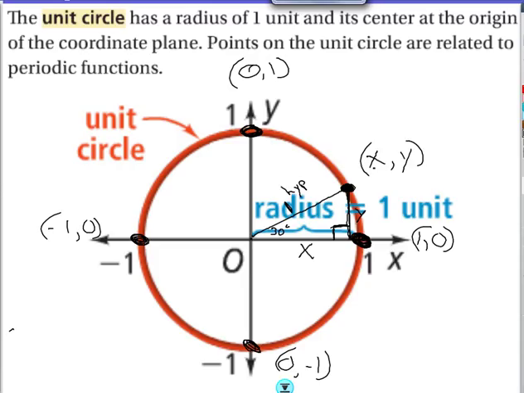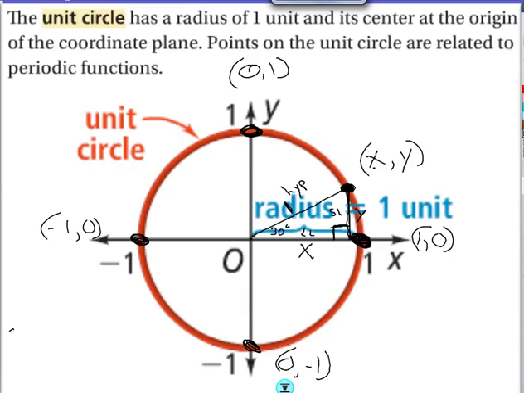Opposite of the 30-degree angle. So the Y leg is also the short leg, which means the other part is the long leg, and it's always opposite the understood 60-degree angle. Long leg. Does everybody remember that?